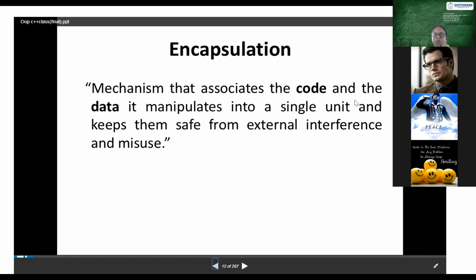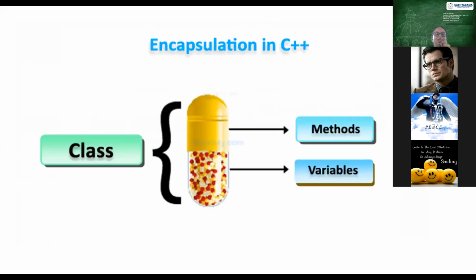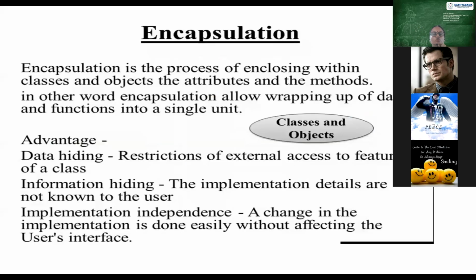When you see that they are putting code and data in a single unit, the best example is a class. Why was it given the name encapsulation? A class has both methods and variables. Not only hiding the data, code is also there. Nowadays the whole world is around digital, so digital data can be stolen. So you all know that not only the data should be secure, the coding also should be secure.